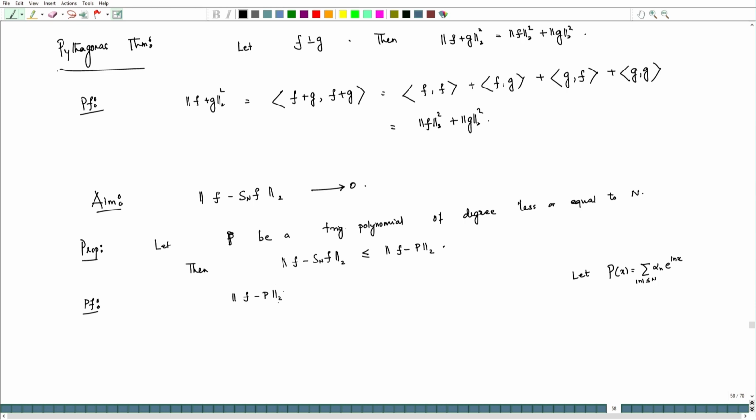Now what I can do is write this as the norm of f minus S_n f plus S_n f minus p. Now look at what our S_n f is: S_n f is a trigonometric polynomial of degree n.